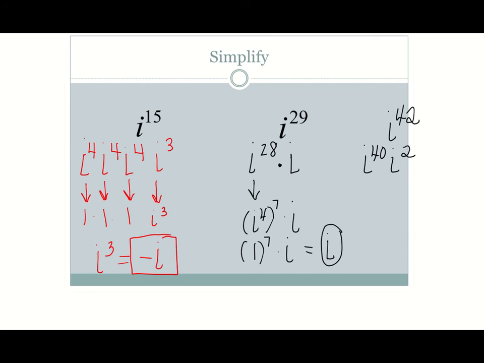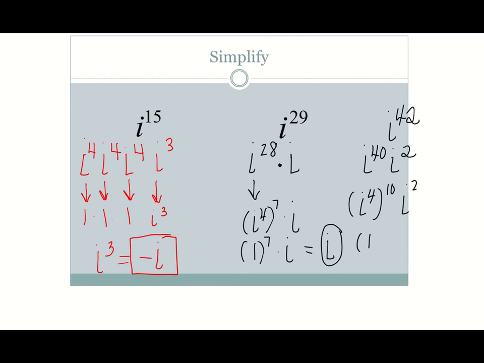Because remember, when we multiply powers, we add their exponents. So that would give us i to the 42nd power. Then i to the 40th would simplify to i to the 4th times 10 times i squared.